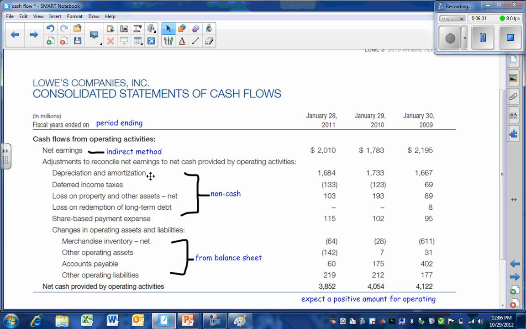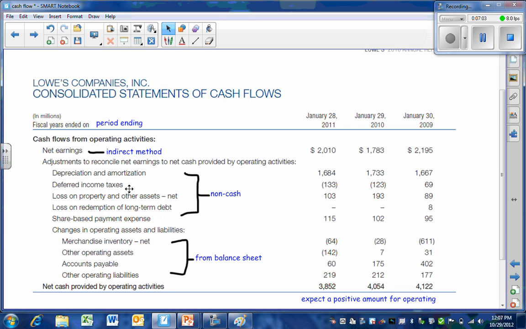We'll then present our 2 groups of adjustments that we're going to make off of net income. The first involves non-cash transactions, and they begin with depreciation and amortization. Amortization is the allocation of the cost for intangible items. Again, we'll study them more in Intermediate 2. So we're going to add this back to net income.